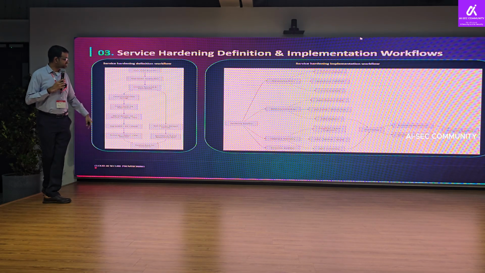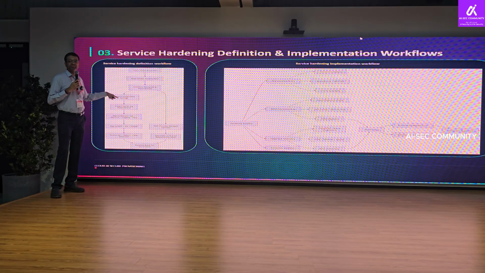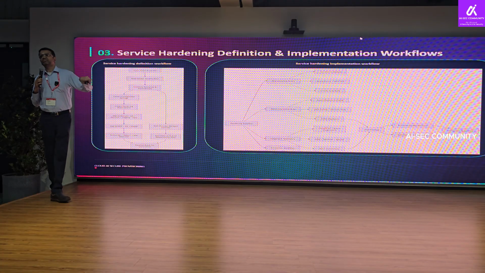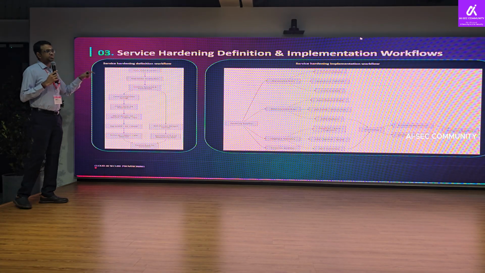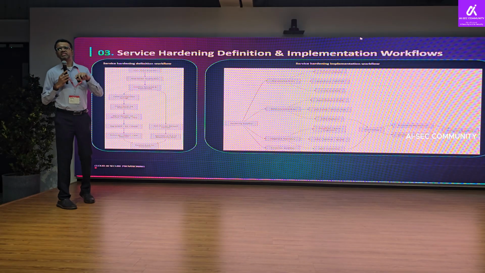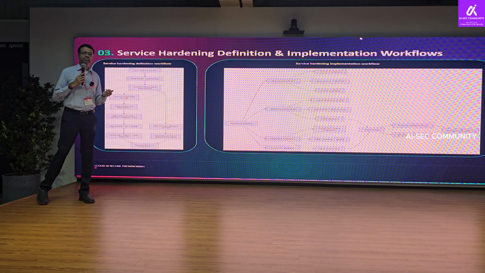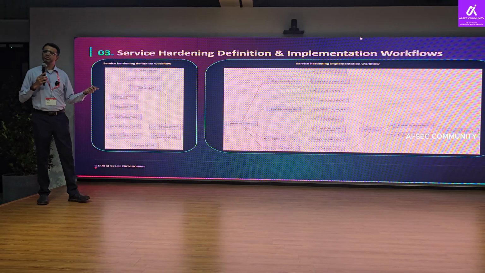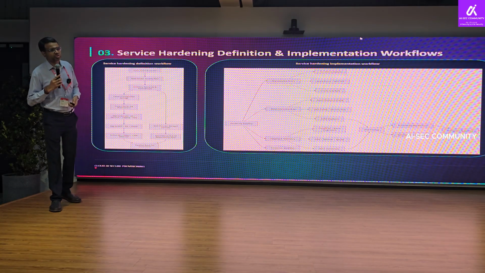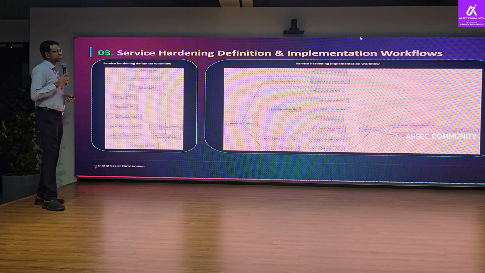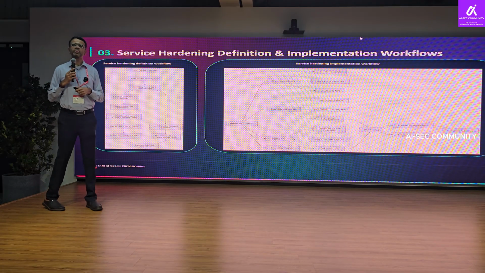Whatever list of baselines you have defined should be translated into policy as code, for example. And that policy as code is then integrated into your provisioning pipelines. Mostly you would be using infrastructure as code or other concepts to provision your services, your AI services, like Terraform.